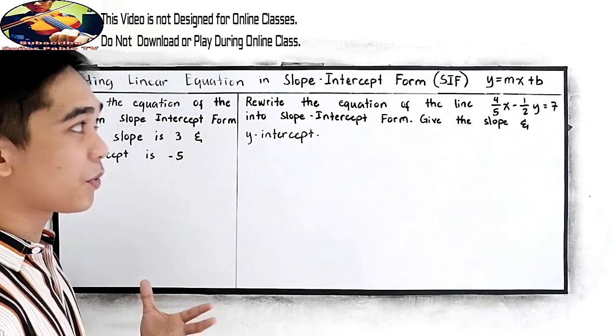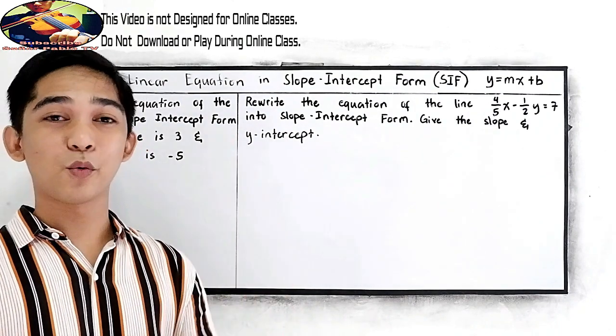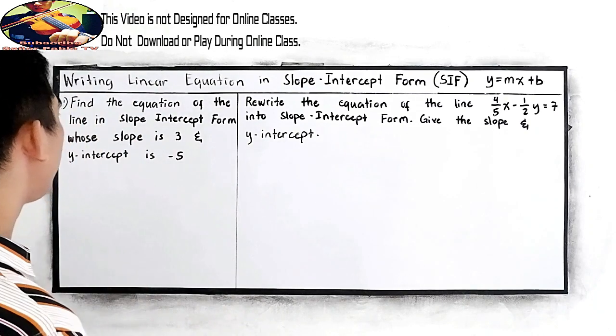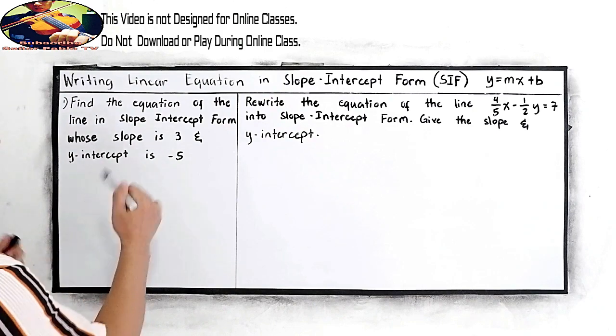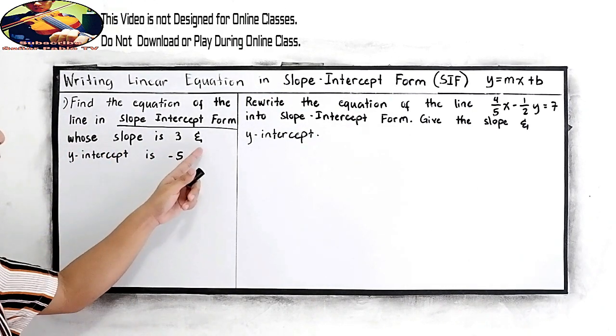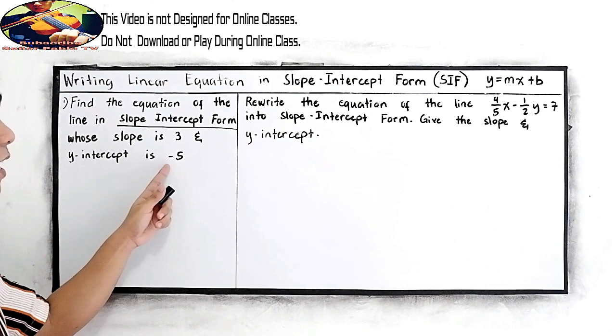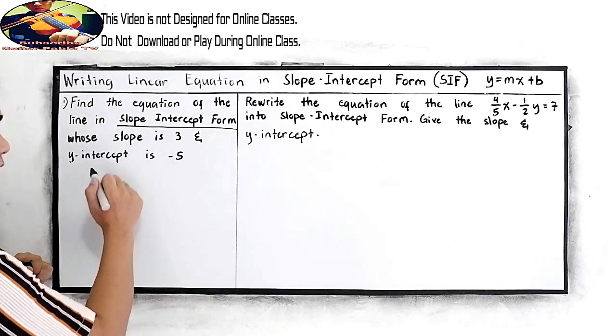These are the possible problems that you are going to encounter. Let's try to solve number 1. Find the equation of the line in slope-intercept form whose slope is 3 and y-intercept is -5. So, write the given.